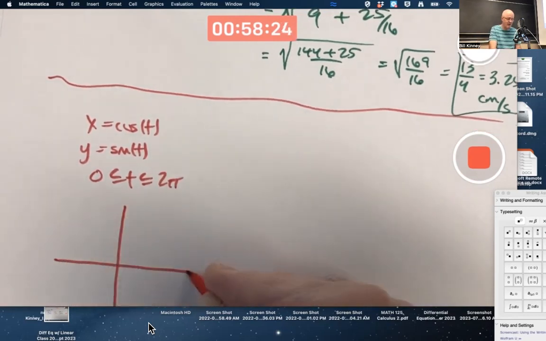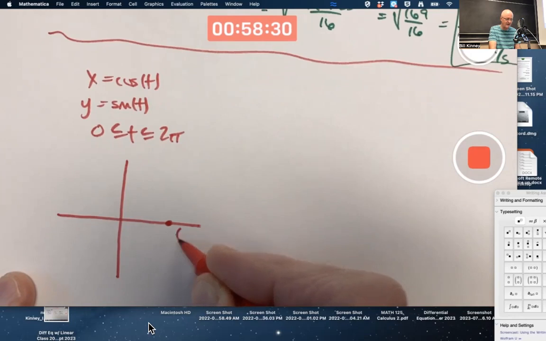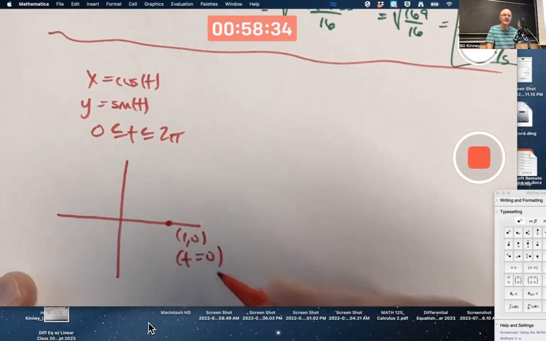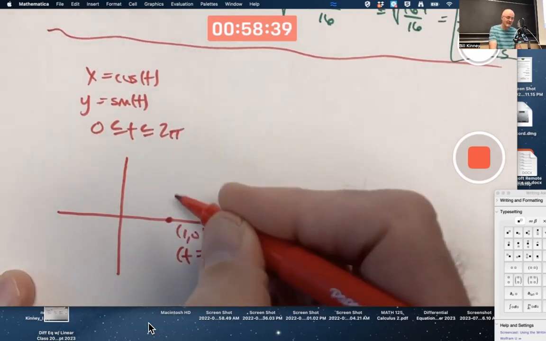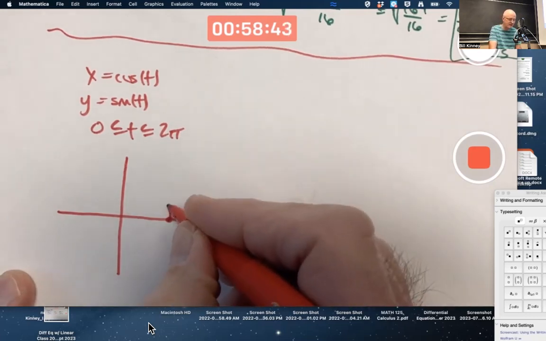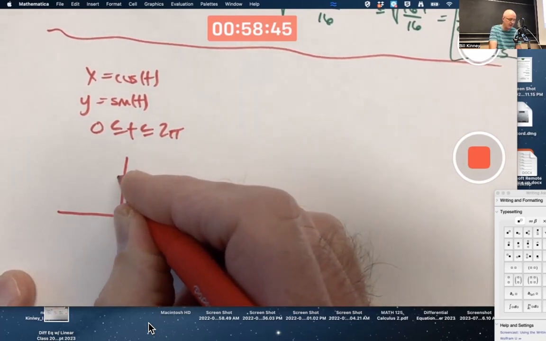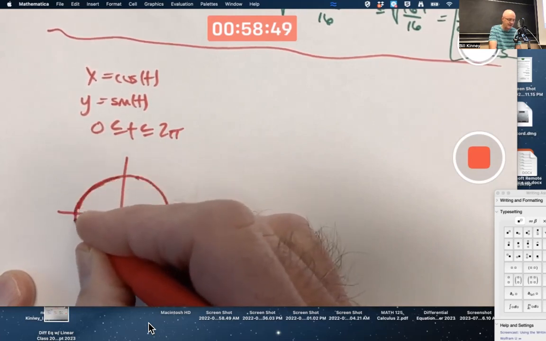When t is 0, cosine of 0 is 1, sine of 0 is 0. Trig bug is at the point (1, 0) when t equals 0. And as t increases, by definition of cosine and sine, according to trig bug, we need to stay on the unit circle, traveling around counterclockwise at a constant speed. This is still constant speed.